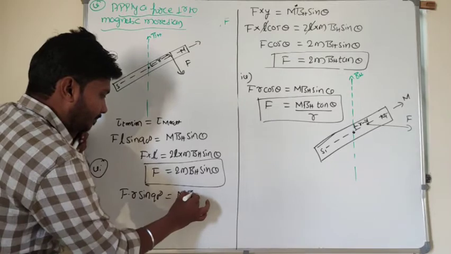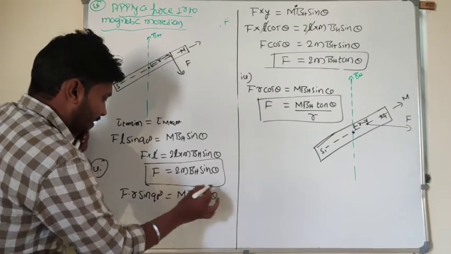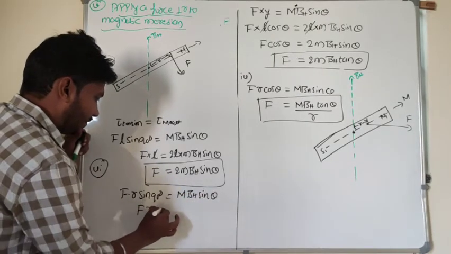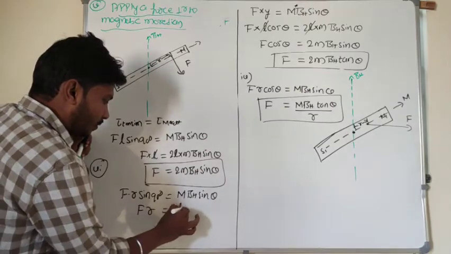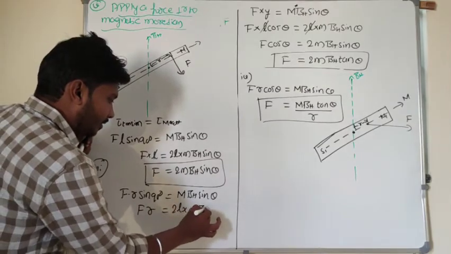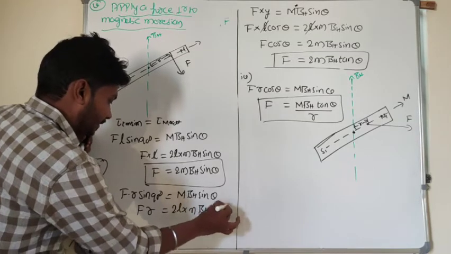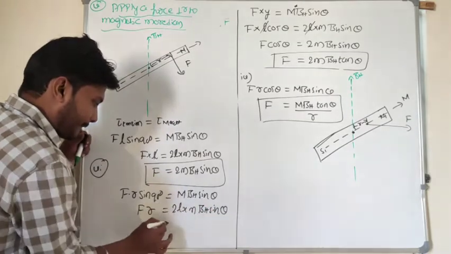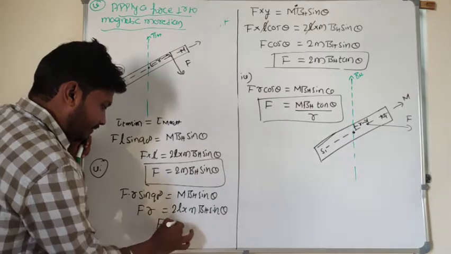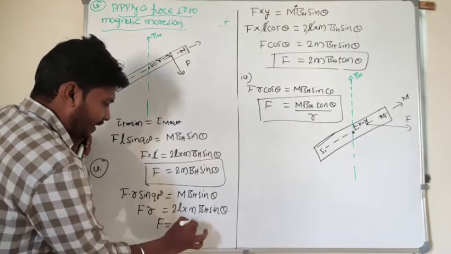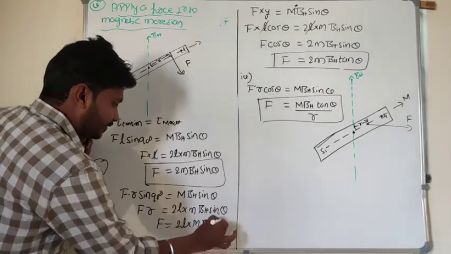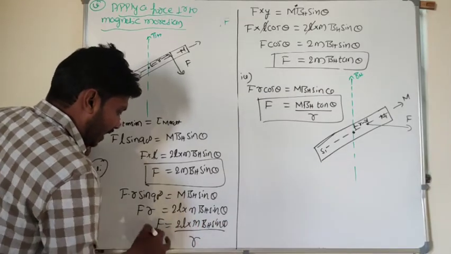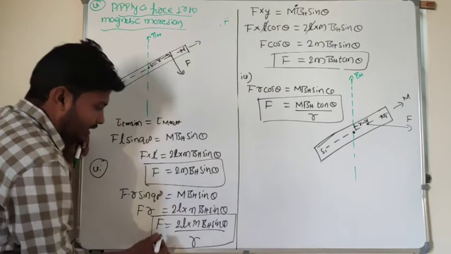M into B_H sin theta is equal to F into R. So capital M I will take as 2L into m, B_H sin theta. Here F is equal to 2L into m, or capital M also you can take, into B_H sin theta divided by R. This is the required expression.